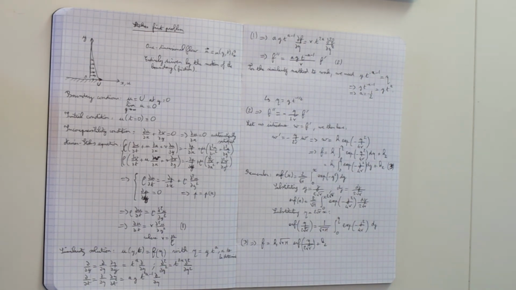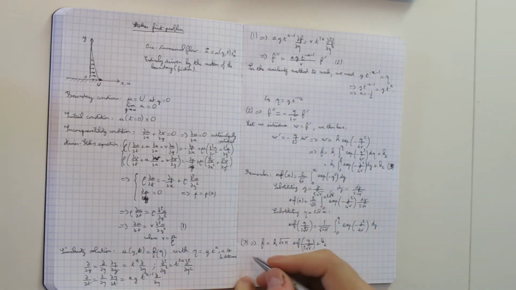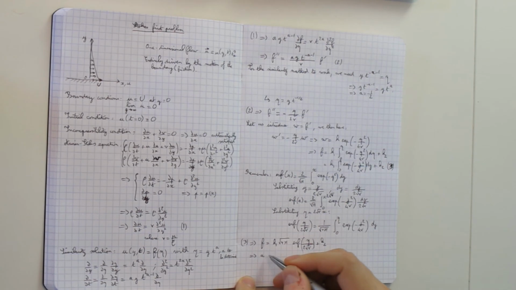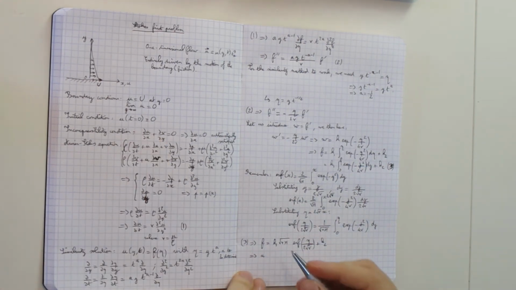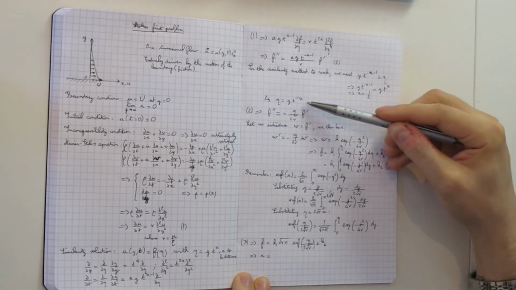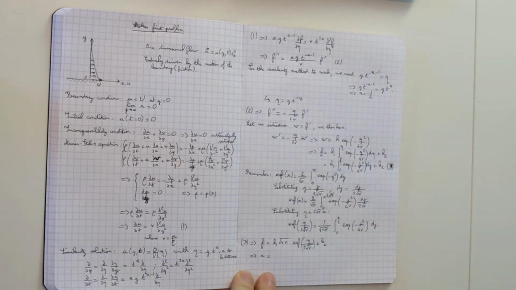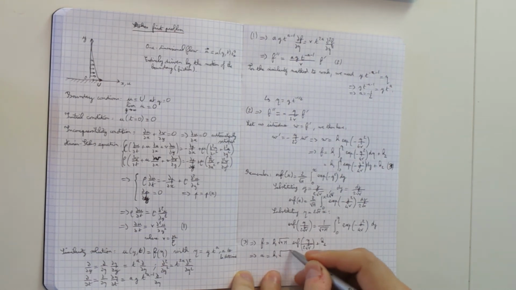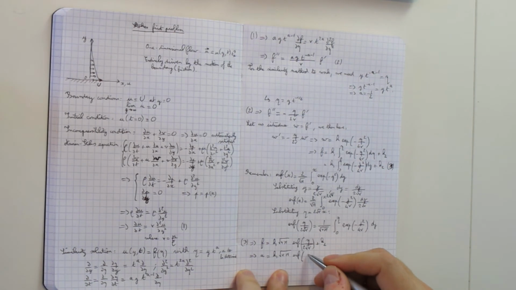Well, we can rewrite this in the original variable of the problem, in terms of u. The only difference is that it's no longer f, a function of eta. u is a function of y and t, and the relationship between eta and y and t is given here. So that's k1 square root of nu pi erf of y over 2 square root of nu t, plus k2.